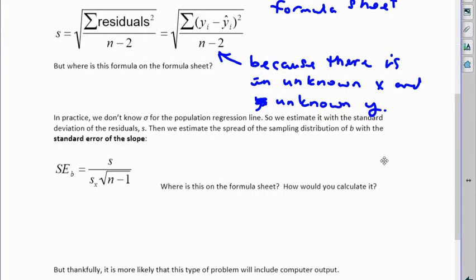So now we need the standard error for our slope.